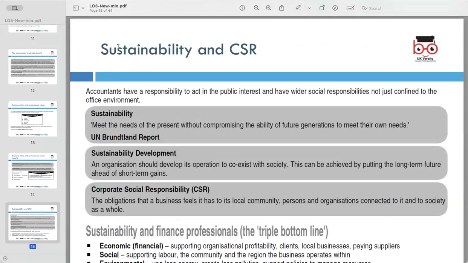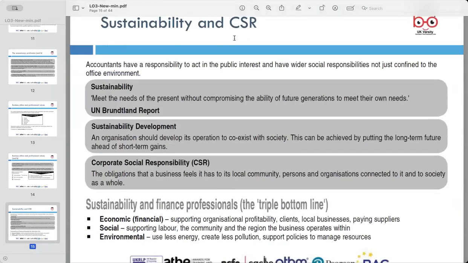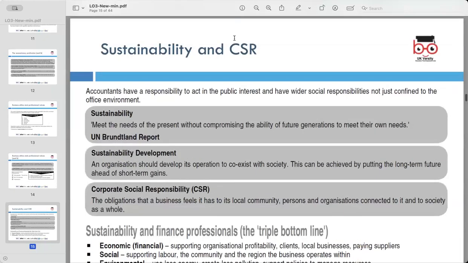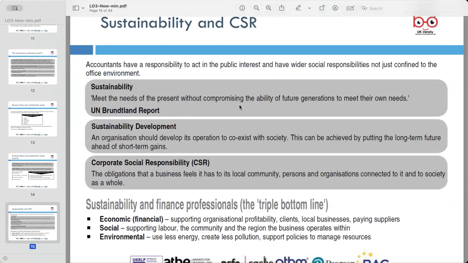Sustainability and CSR, or corporate social responsibility. Accountants bear a responsibility to act in the public interest and uphold broader social responsibility beyond the confines of the office environment. Sustainability, as defined by the UN Brundtland report, involves meeting present needs without compromising the ability of future generations to meet their own needs.